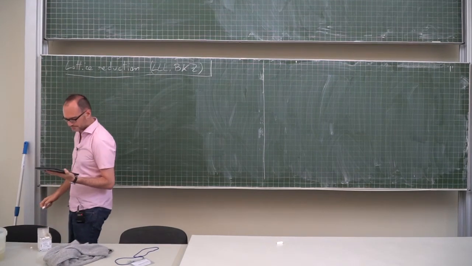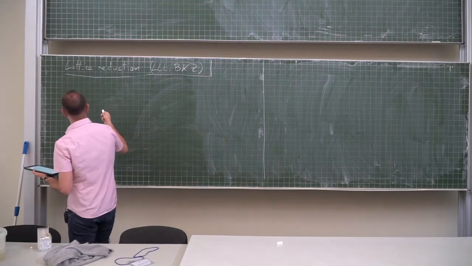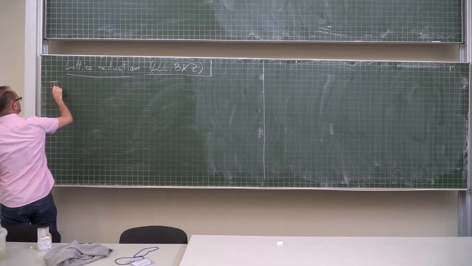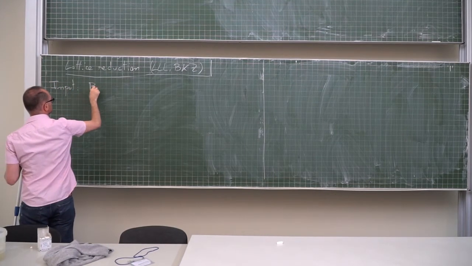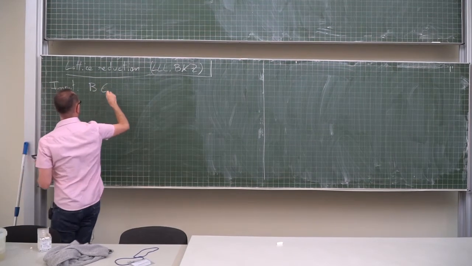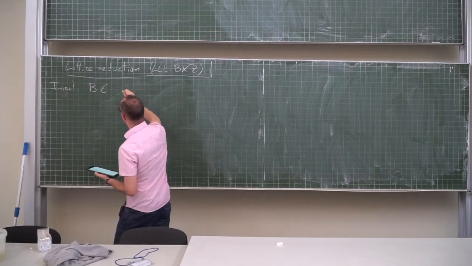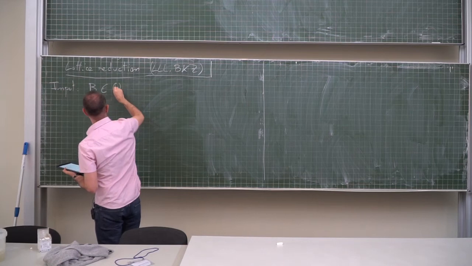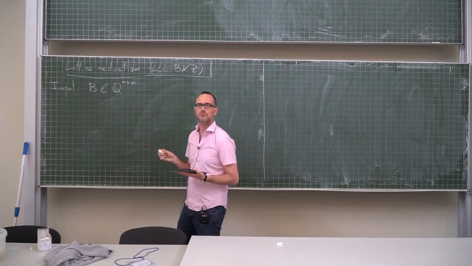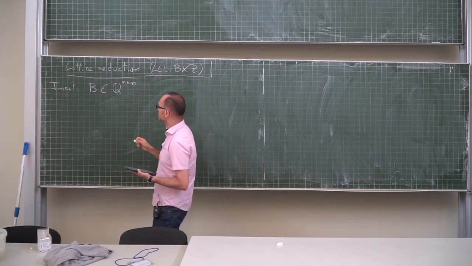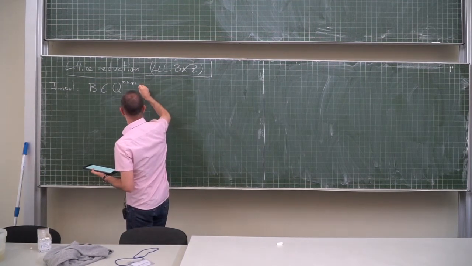Okay, so what we have as input is a matrix B, say in Q or Z. Let's take Q to the n times n. So I'm assuming it's a full rank lattice, invertible.